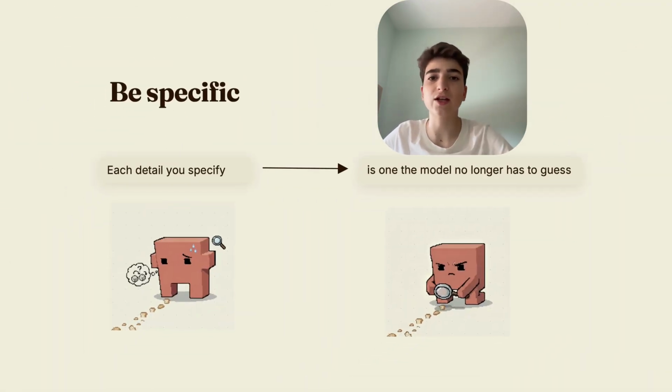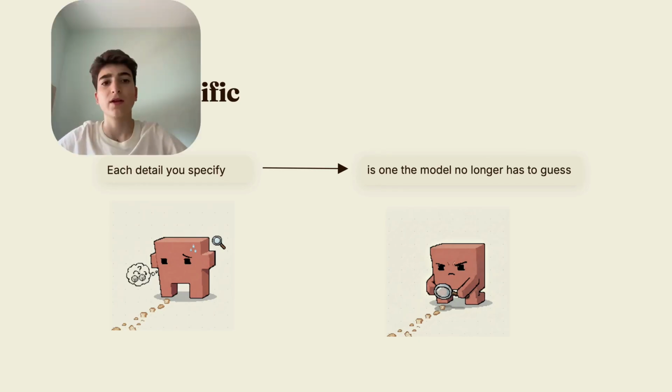Then we have the section about being specific. It's important to be specific, because if there is a detail you do not specify, Claude, or the large language model, like in this image, doesn't know what it has to find, so it just stays there.